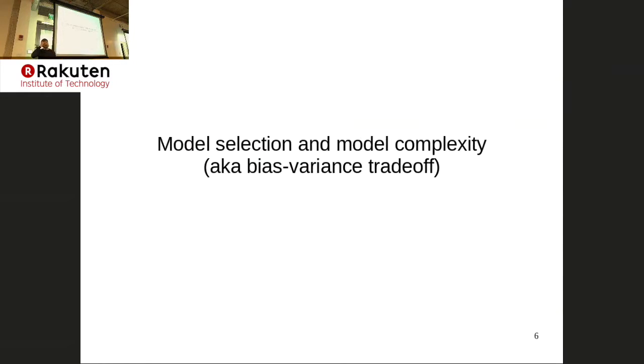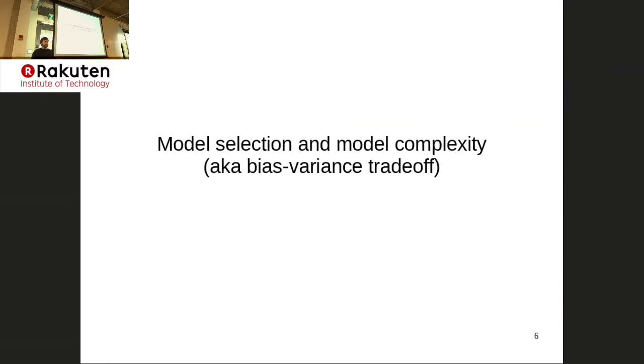Before I go a little bit more into the API and the different tools that are available, I want to talk about one big topic in machine learning that hopefully all of you are aware of, which is model selection and model complexity. All of the models have some parameters, and we usually need to tune the parameters to get good performance.